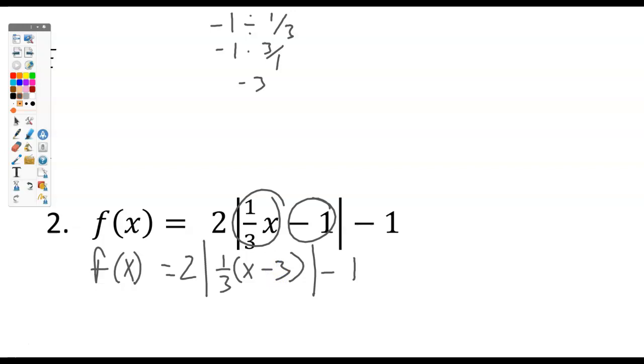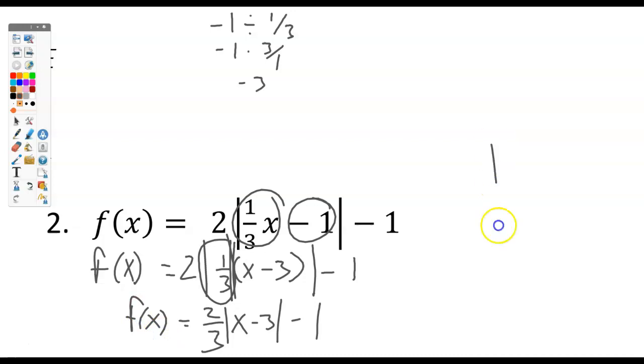And then we're going to separate the 1/3 from the x minus 3 into its own little absolute value. The absolute value of 1/3 is just 1/3, right? And so when we multiply that by the 2, we get 2/3. So that's how you deal with the fraction ones. But I'm going to go ahead and graph it at this point.